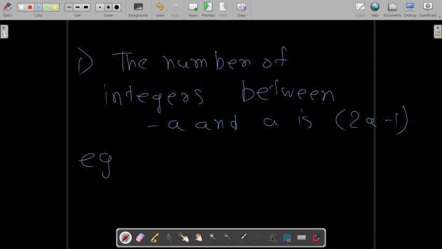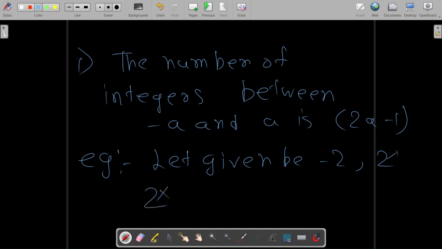Let me explain this by an example. Let the given numbers be minus 2 and plus 2. Then the number of integers lying between minus 2 and plus 2 will be 2 into 2 minus 1, which equals 3.